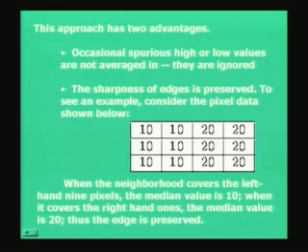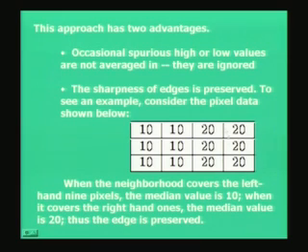You can take any central pixel and a 3 by 3 neighborhood. Suppose this is the pixel you are considering, the value 20. You take a 3 by 3 neighborhood, sort these values, take the median, and you will have a value 20 here. Let us take this pixel, take a 3 by 3 set of pixels here, replace it by the median, and you will have a value 10 here. So that is what we are reading here. When the neighborhood covers the left hand 9 pixels, the median value is 10.